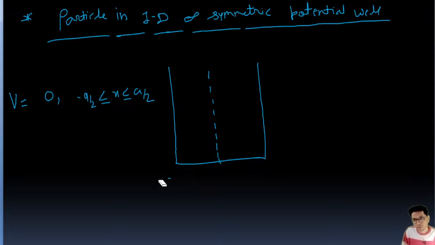So this is like minus a by 2, and this is a by 2, and this is 0. So this is symmetric about 0. This is an infinite potential box, an infinite symmetric potential box, and the particle is in it.